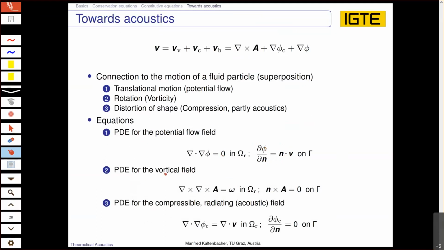Then we have the classical vortical field, which we have already discussed, and this compressible part, the radiating acoustic field, where we have a homogeneous boundary condition equal to 0, but we have sources, and the sources come from the divergence of the velocity field.